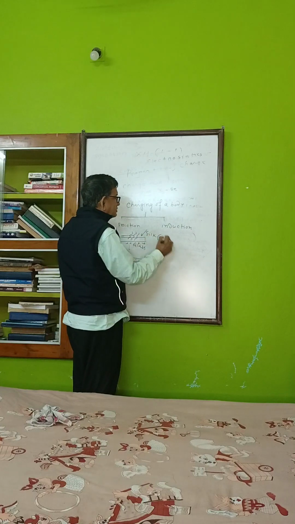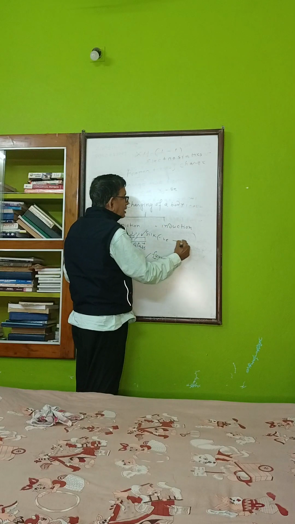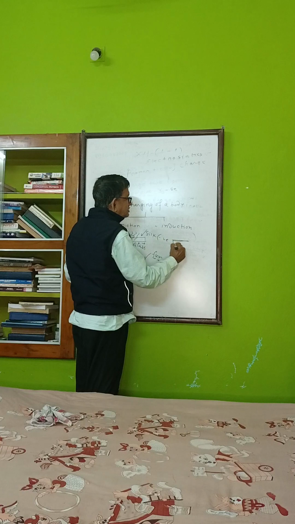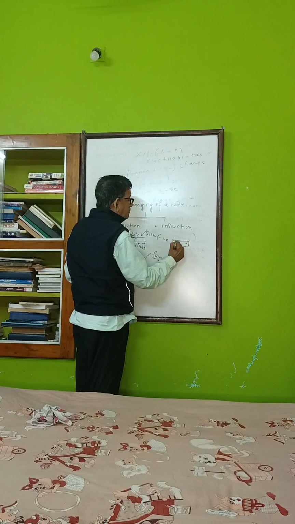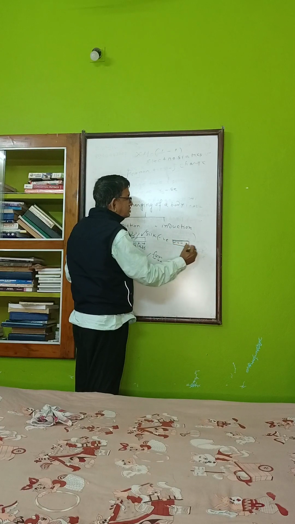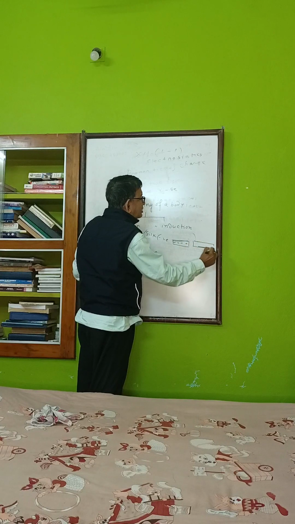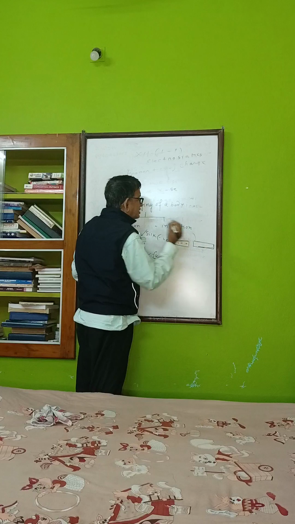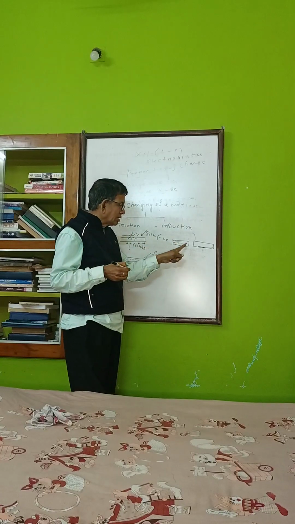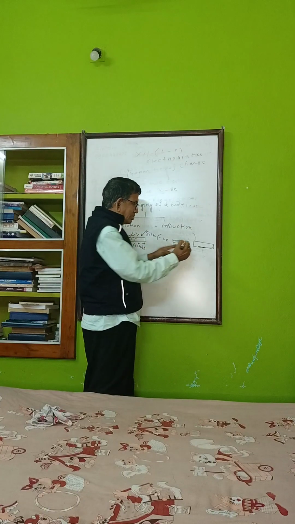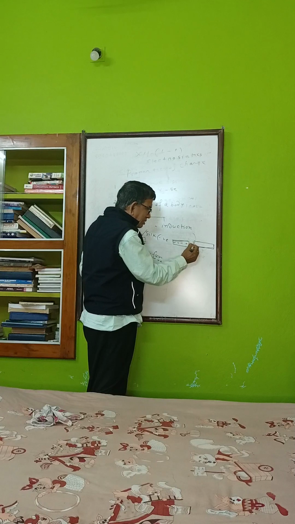Similarly, suppose a positively charged body A is brought near an uncharged body B. Then what will happen? A is positive, so it will attract the electrons to the front side.